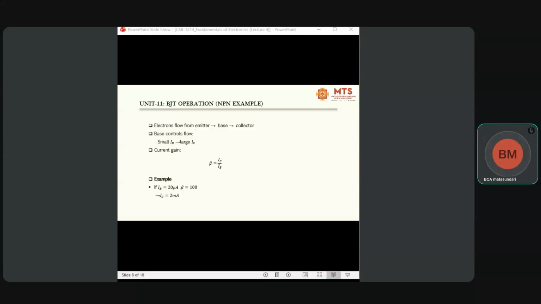So we'll cross multiply, right? IC will come in front, beta will go.